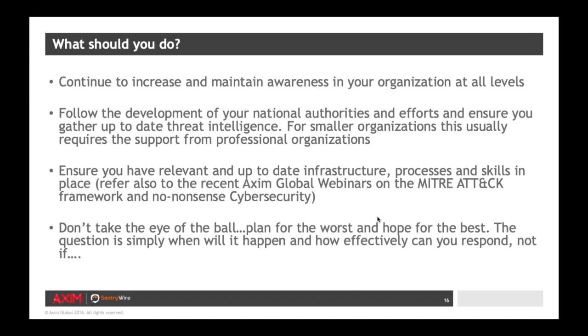But it is important to understand what can happen, and to plan for it. And again, that's where reaching out to national competent authorities and national organizations can also help you bring in some of the knowledge and intelligence that you need. And hopefully, as the rollout of the NIS Directive continues, we should see more of these tools and capabilities become available.